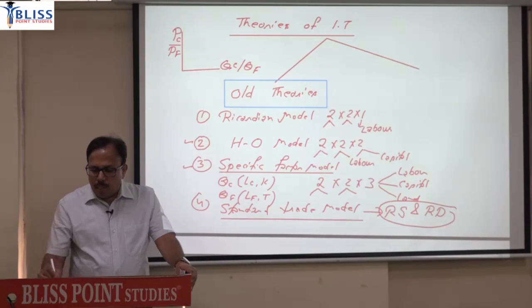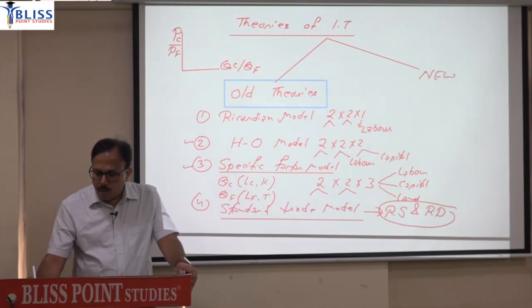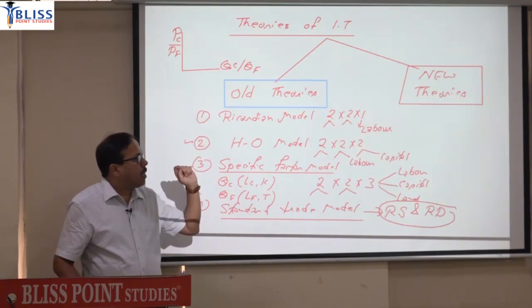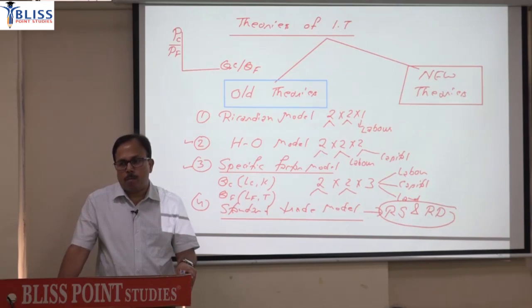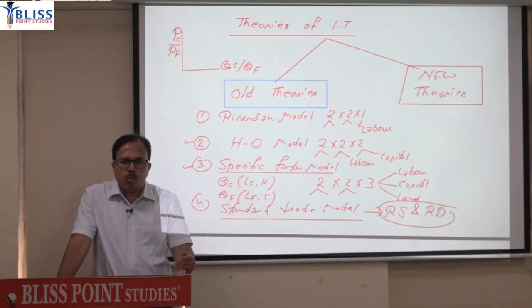Then when we move from the old theories to the new theories, new theories assume that the market is imperfectly competitive, which means it could be oligopoly, it could be monopoly, it could be monopolistic competition.